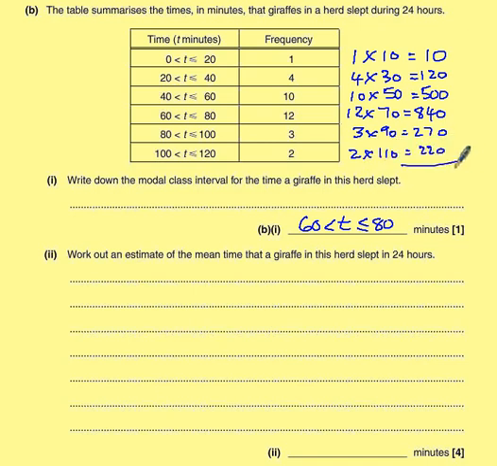So we now need to get a total time that the giraffes slept for, and we also need to work out the total number of giraffes in the herd. So we're going to first use a calculator to add up 10, 120, 500, 840, 270 and 220. So that is a total of 1960 minutes that we estimate the giraffes slept for.